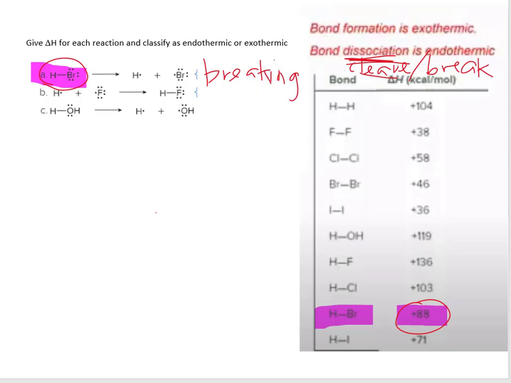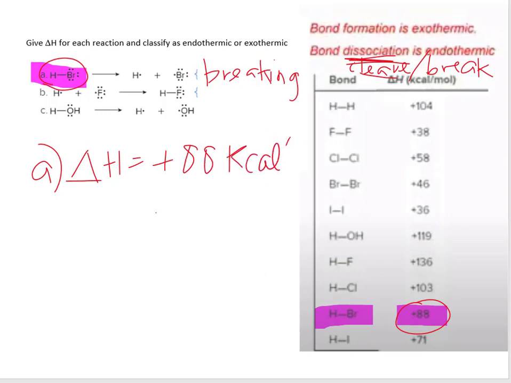We're breaking it. So if I look at A, we would say that my delta H is positive, right? If we are breaking it, it's positive 88 kilocalories per mole. And we're breaking it, so it is endothermic.